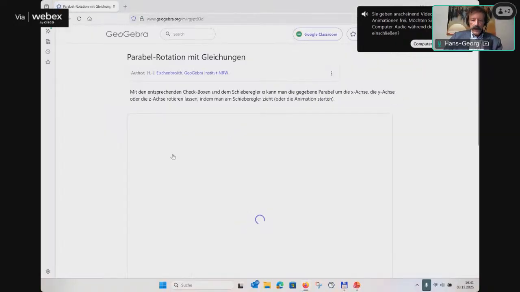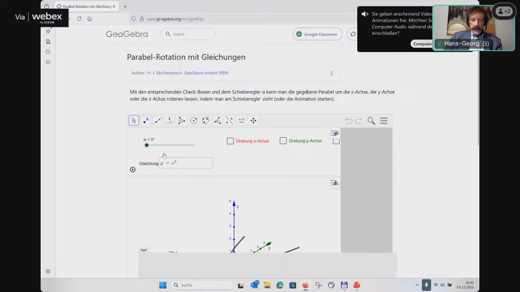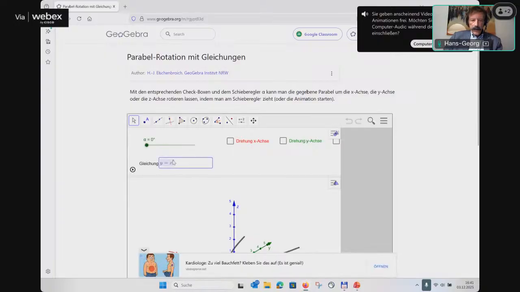So now I will write it in this way: x squared divided by, say, 16, plus y squared divided by 9, and this equals 1.